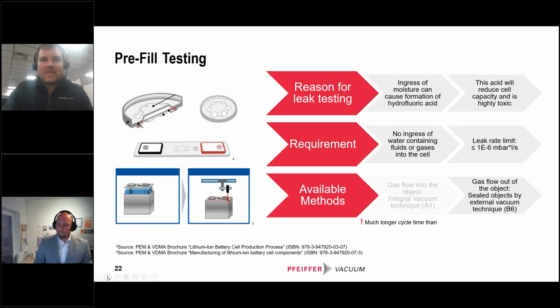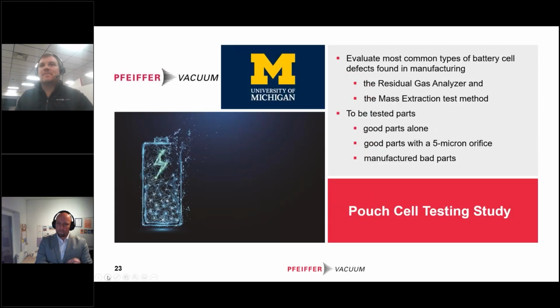Thanks, Philip. So on this topic, again, specifically leak testing pouch cells that are filled with electrolyte, the University of Michigan Battery Lab was kind enough to work with us on the study. Just a quick word about them. They have an array of manufacturing equipment, pretty much an entire battery cell manufacturing line in their facility.